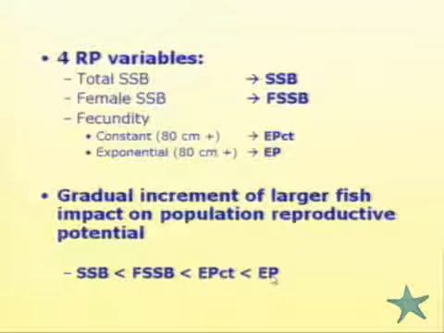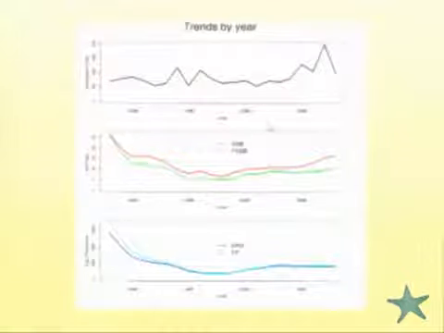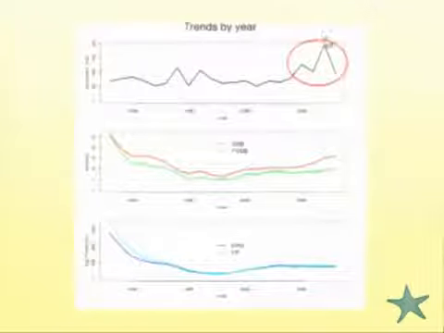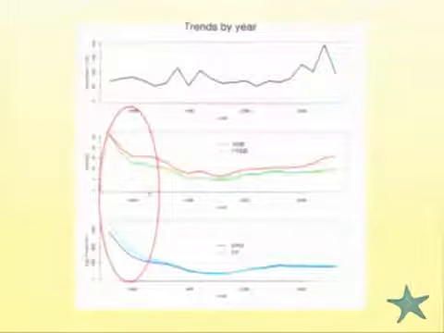So if you look at the trends, here you have the trends for the recruitment, the SSB, female SSB, and the egg production. The first thing that I like to emphasize is the good recruitments in these recent years compared with the historic trends. If you look at the reproductive potential measures, you see good values at the beginning of the time series, not at the end, for all of them.